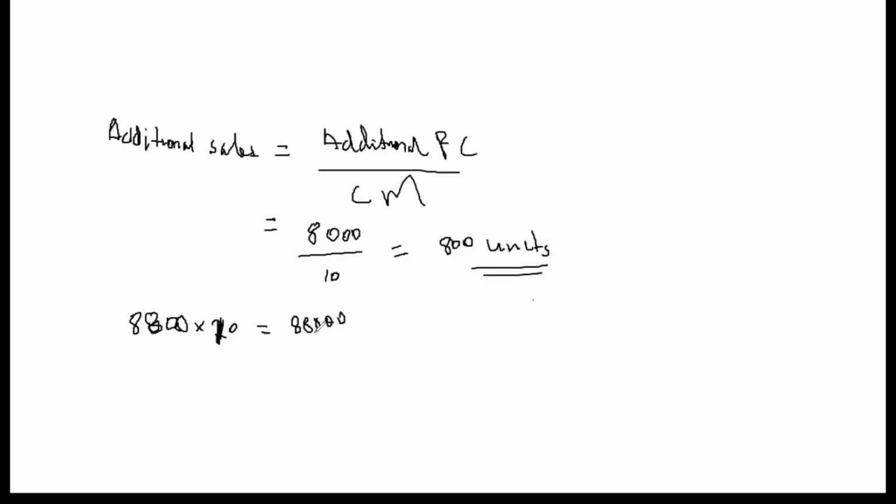So 88,000, less fixed cost of 68,000, will give us a profit of 20,000.